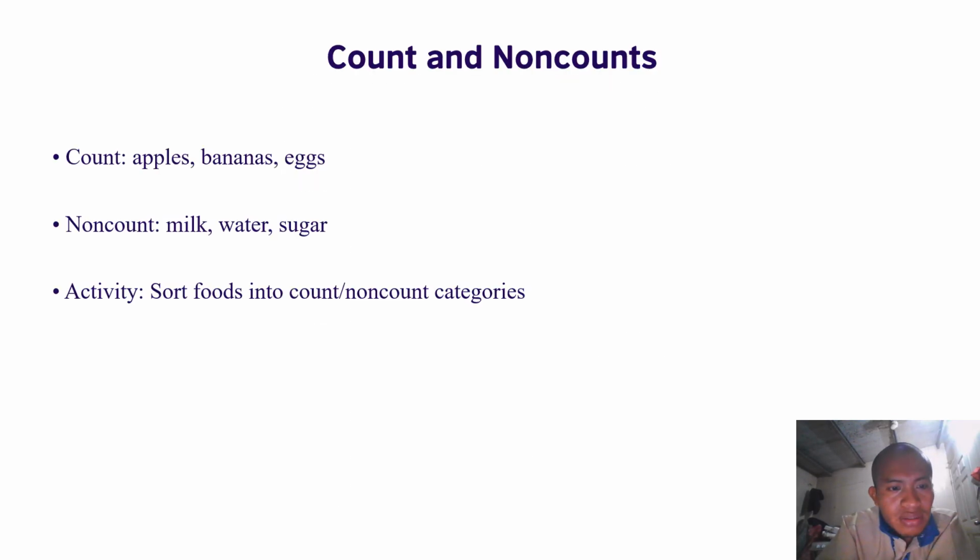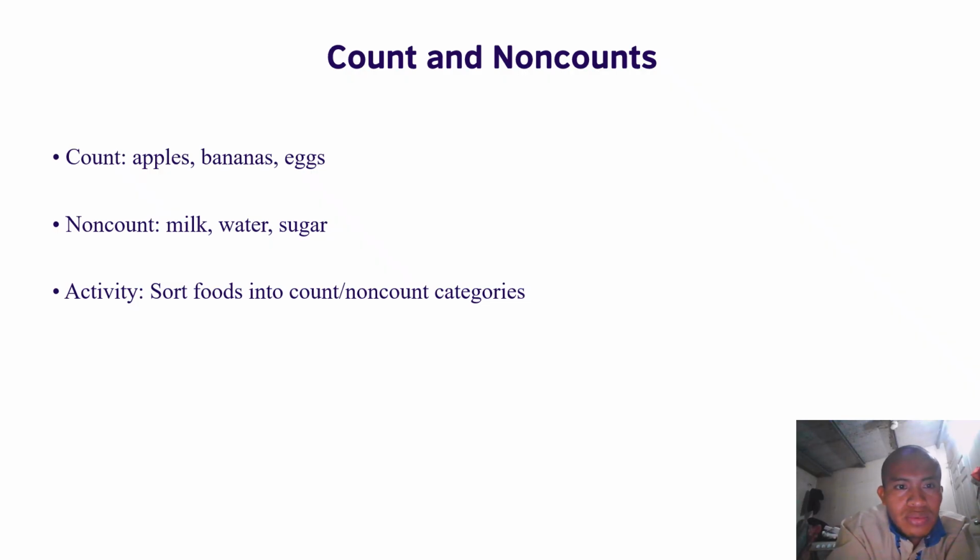So here again, to review, remember the countable nouns end in S, like this: apples, bananas, eggs. Non-countable nouns are without the S, like milk, water, sugar. We never say sugars, we never say waters, we never say milks.